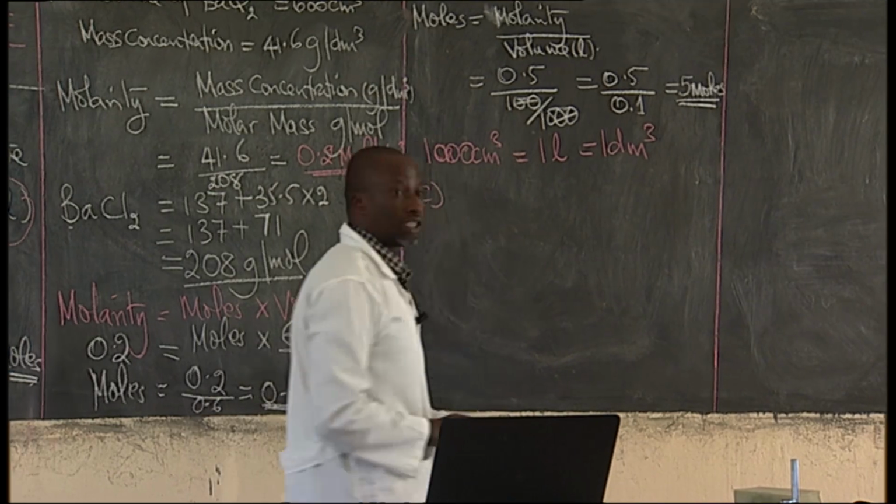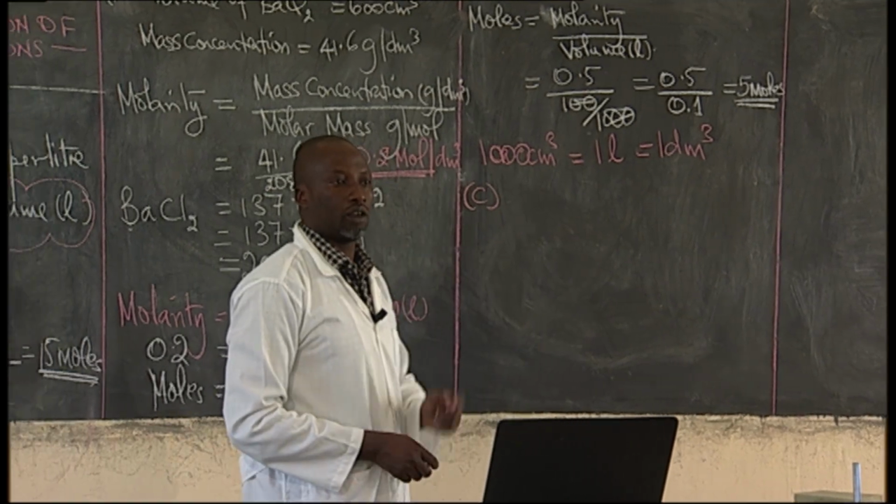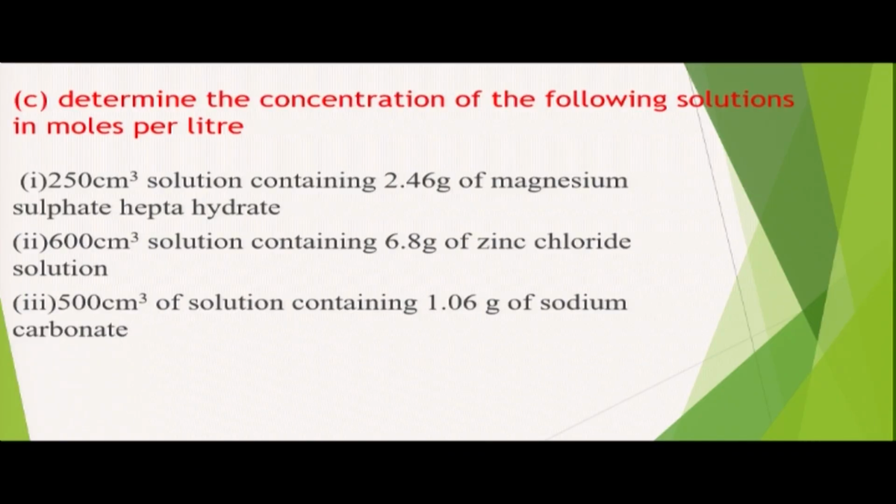When we look at part C, let's attempt part C, Roman 1, whereby you have the volume. The volume is equal to 250 cubic centimeters, and you have the mass, which is equal to 2.46 grams.